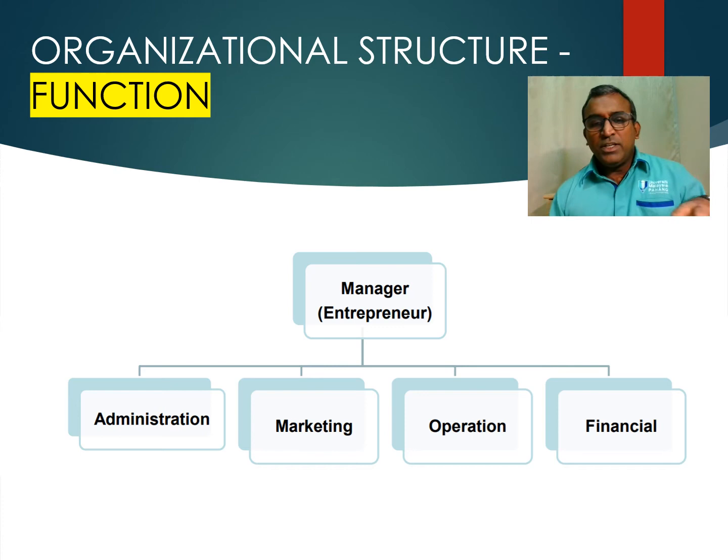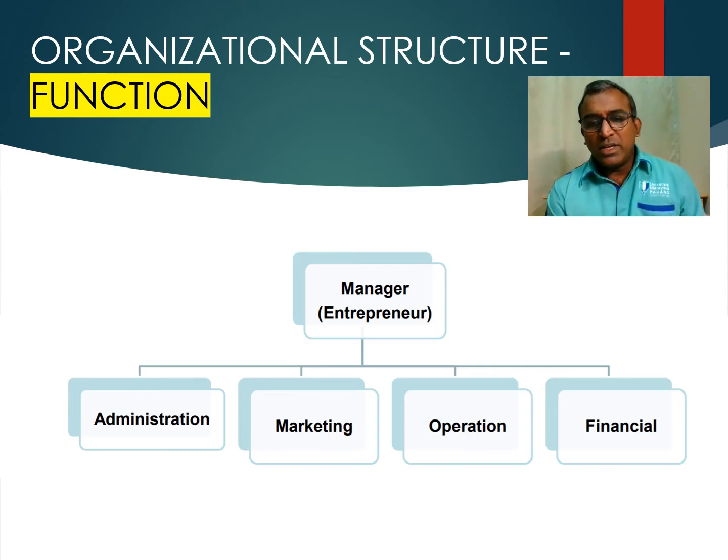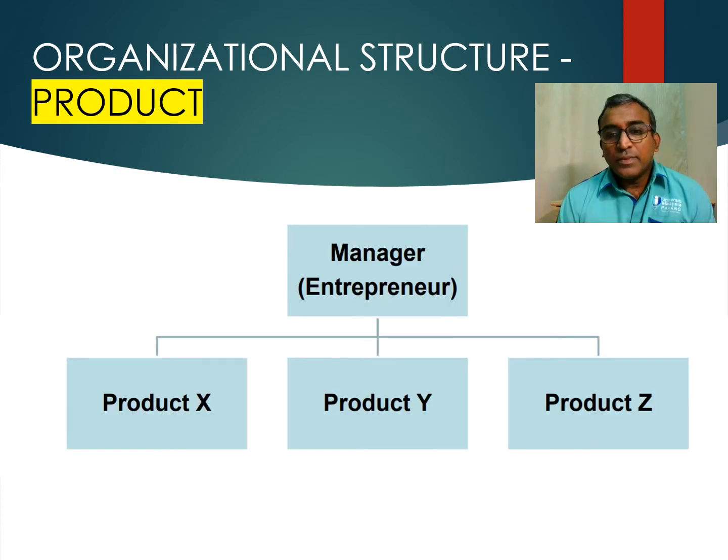And then he is in charge of administration. Maybe administration, if it's a bigger company, there is another manager, and marketing, operation, and also financial. So this is the meaning of spanning like a pyramid shape for function, and this is the common one found in many organizations. So here is another type of org chart, and this one is on product.